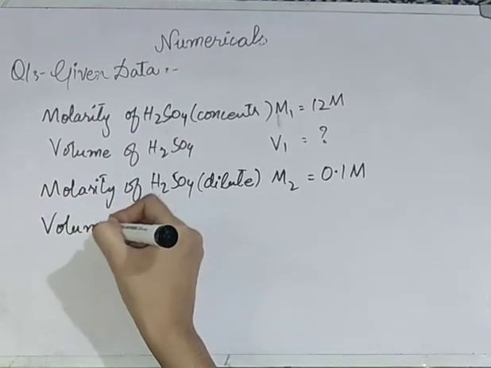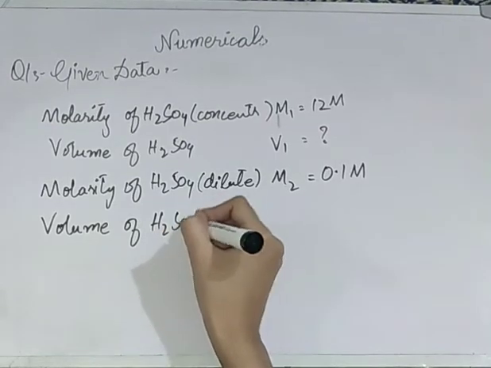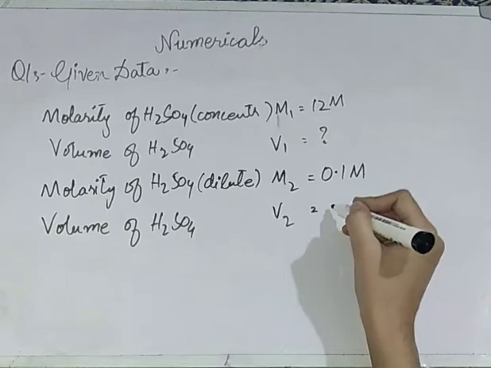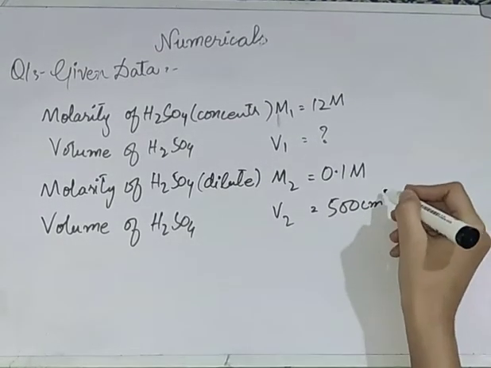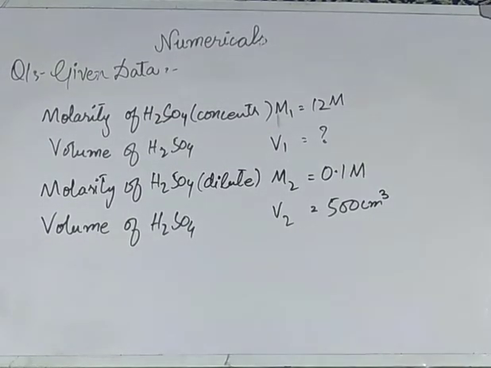Volume of H2SO4, V2, it will be 500 centimeter cube. Now we'll apply a formula.